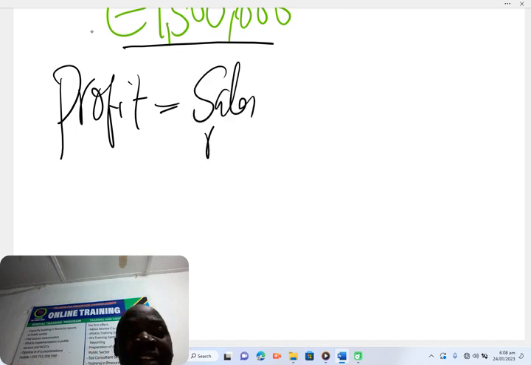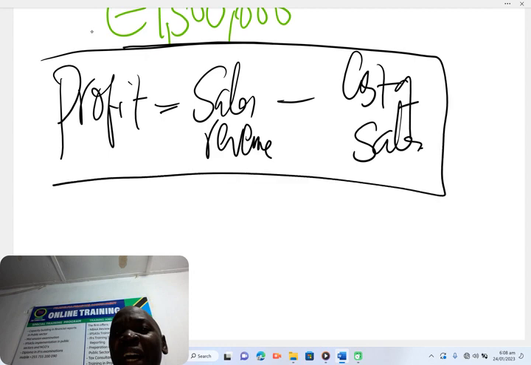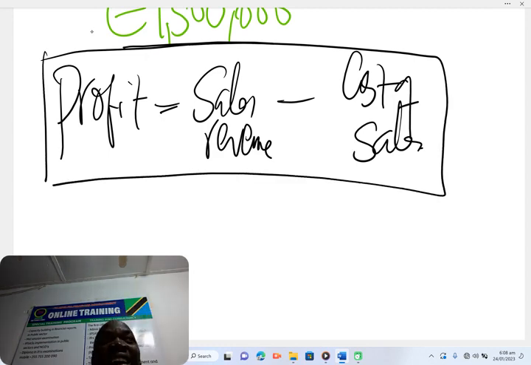Sales revenue minus what? Cost of sales. So in this transaction, you must see the bank had 1.5 million euro. Now, what is the cost to this bank? It means the bank buys from the customer how many euros? 1.5 million. And then it sells the same amount at a different price.